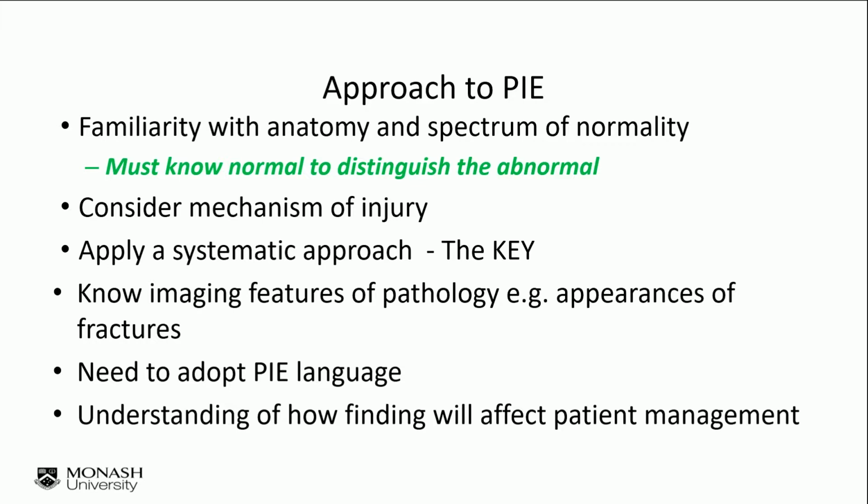It's not just white, it can be black as well. And then you also need to adopt appropriate preliminary image evaluation language so that you can communicate effectively and accurately what you are actually seeing on the images. And then also to have an understanding of how the finding will affect patient management.